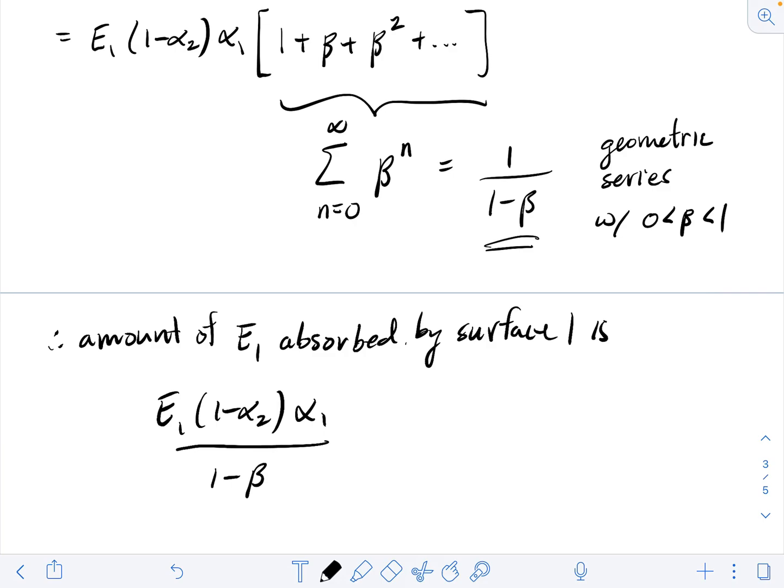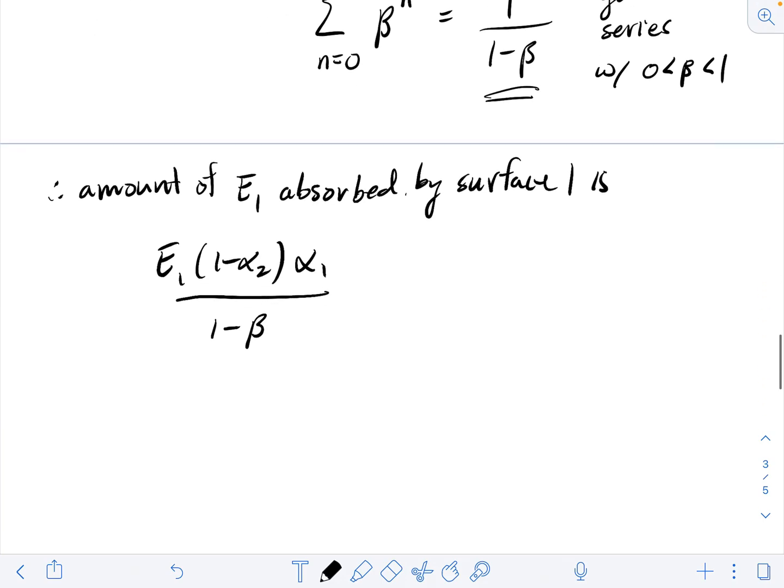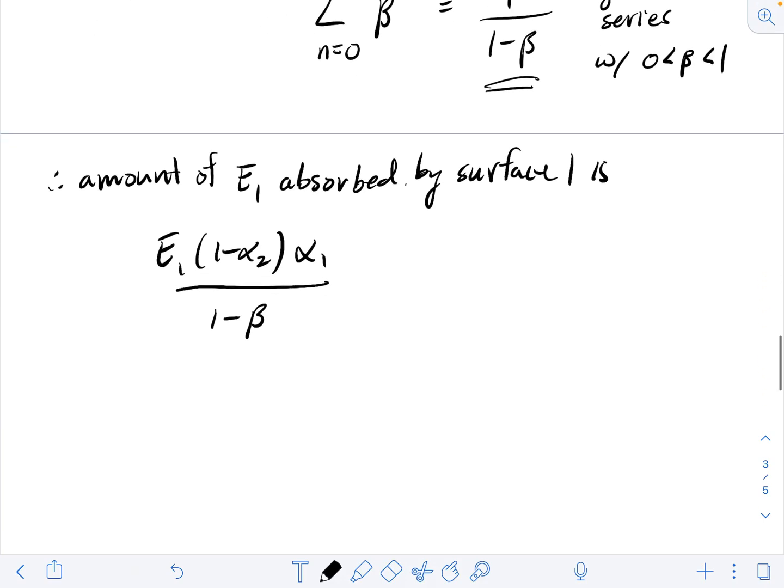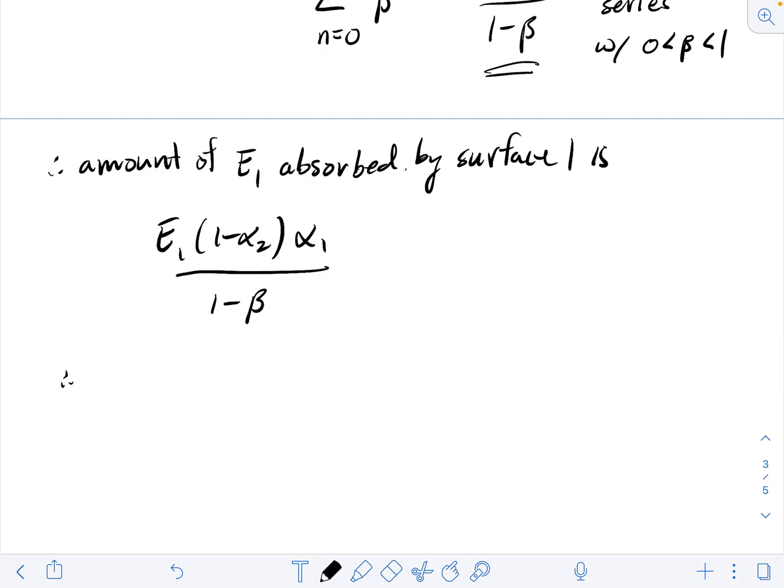And so that's kind of a nice clean result, right? We went from an infinite number of interactions of these photons with the surfaces, after reflection, after reflection, after reflection, and we get a nice compact result.